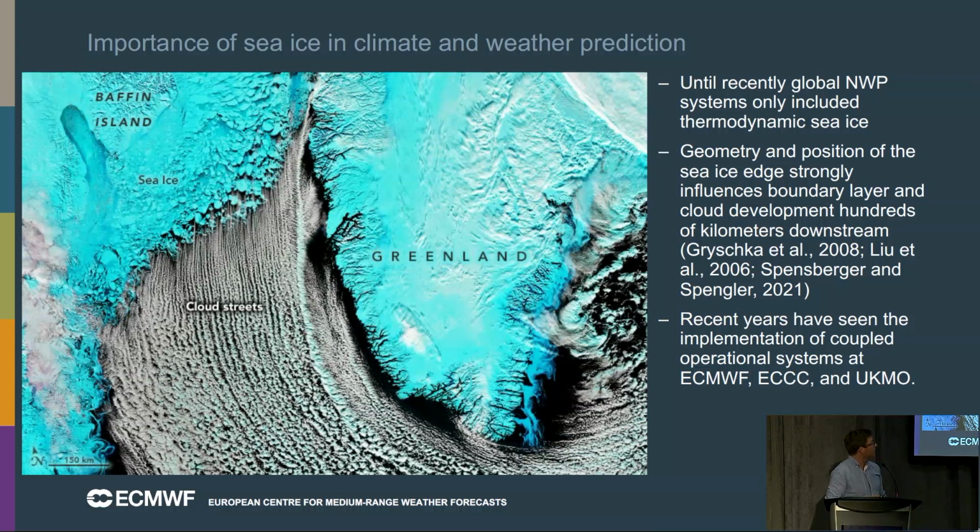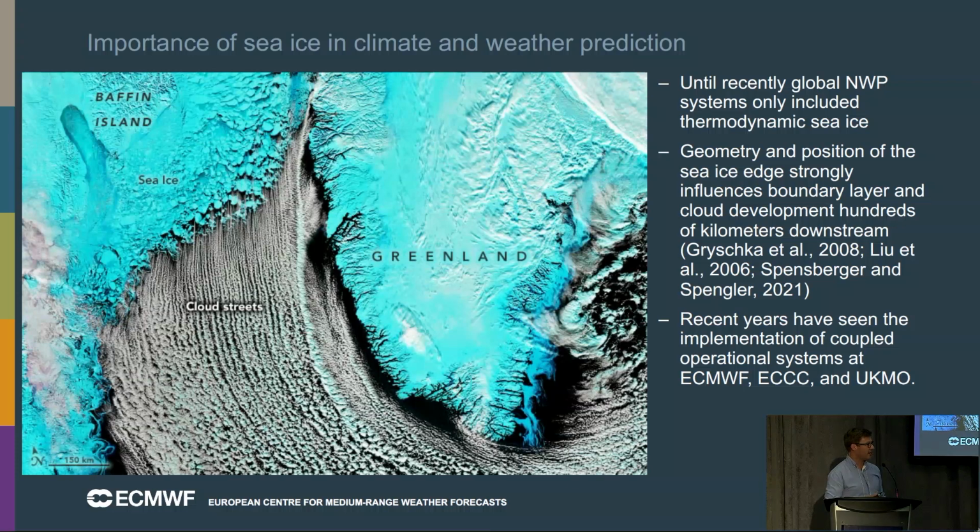Until recently, NWP systems had only a thermodynamic representation of ice, so they were persisting the sea ice cover itself. But we've got evidence from modeling studies and from theory that the dynamics are very important for the development of the boundary layer downstream of the sea ice edge.